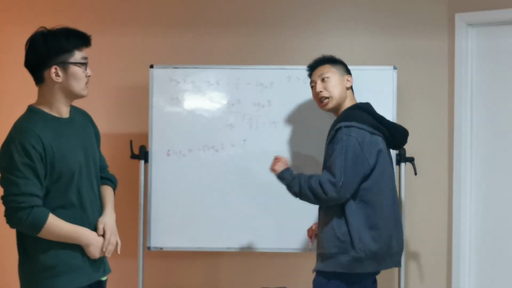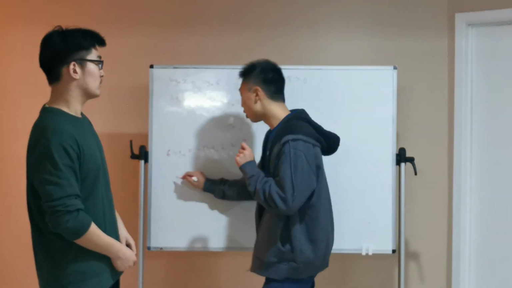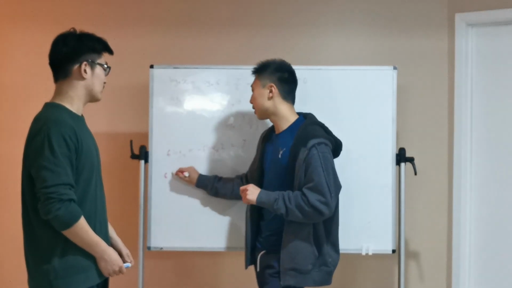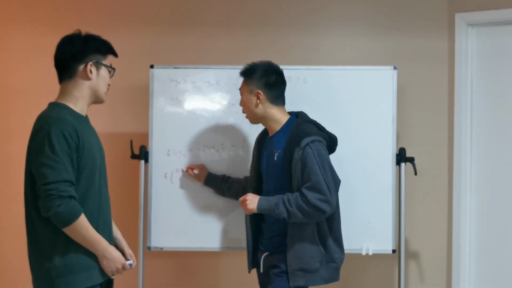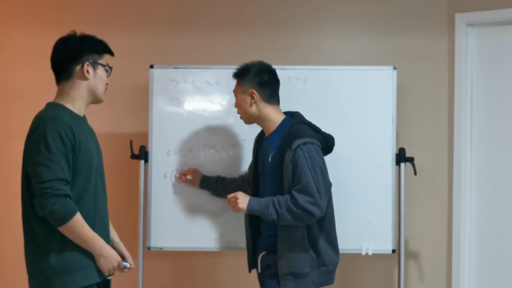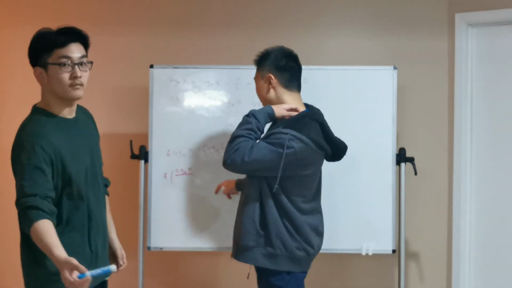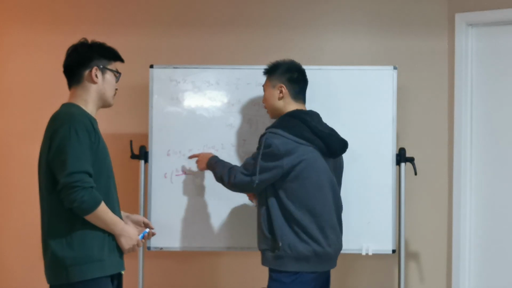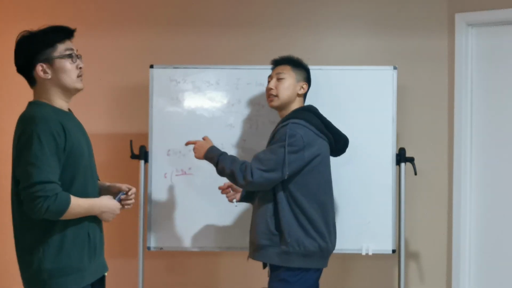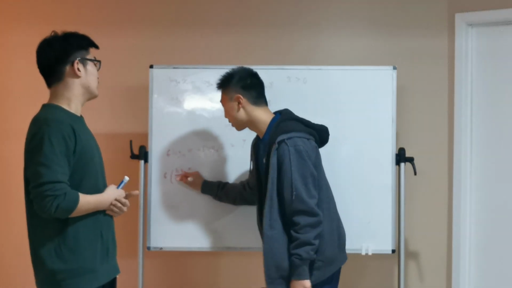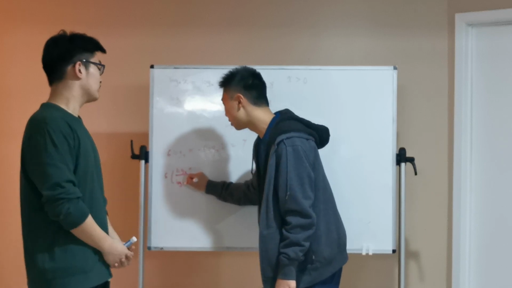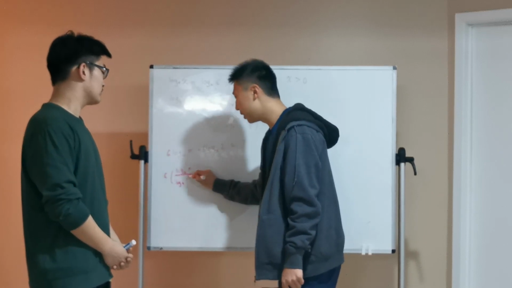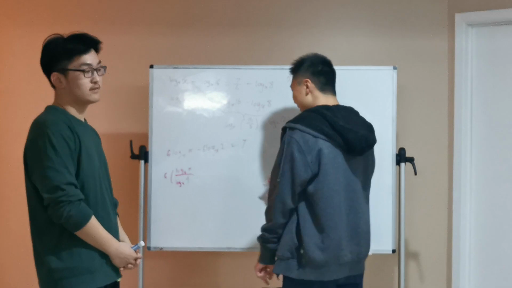Now we can use the change of base rule. So we can make this log base 2 of x and this one log base 2 of y, because if we do the change of base for both of these, log base 2 is very convenient. It simplifies the 4 and the 2, and you'll see log base 2 of 4 is 2.